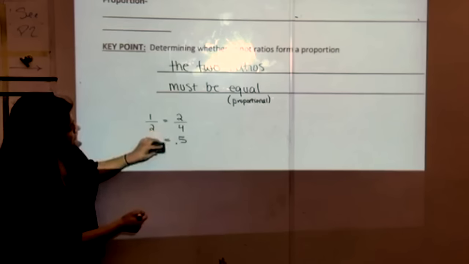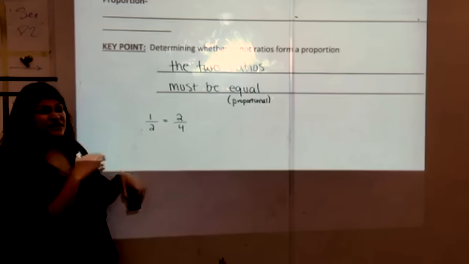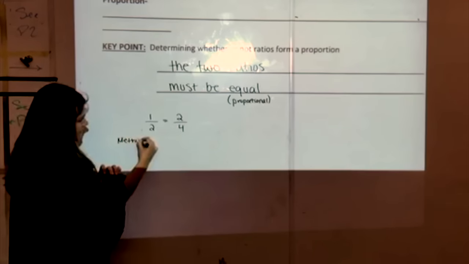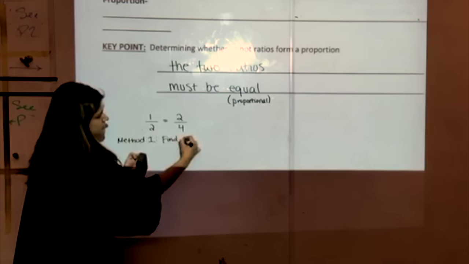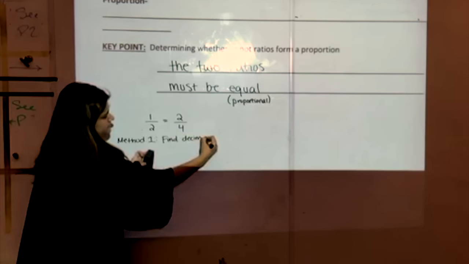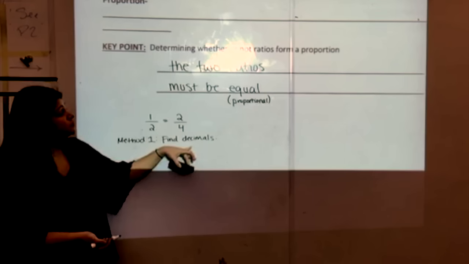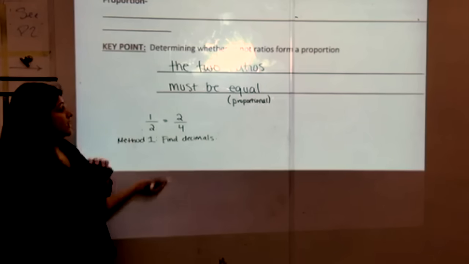We did want to go over that there are multiple ways of going over it. So rather than you just taking the easy way out and using method 1, finding decimals, you can also find equivalent fractions, which are really easy to do.